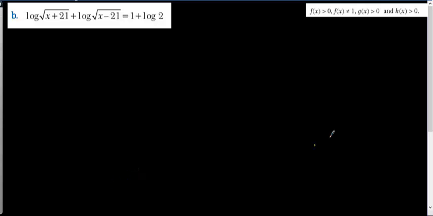Okay, now the new question. Here the conditions are the same. We shouldn't forget these conditions. That's why I have pasted them here.